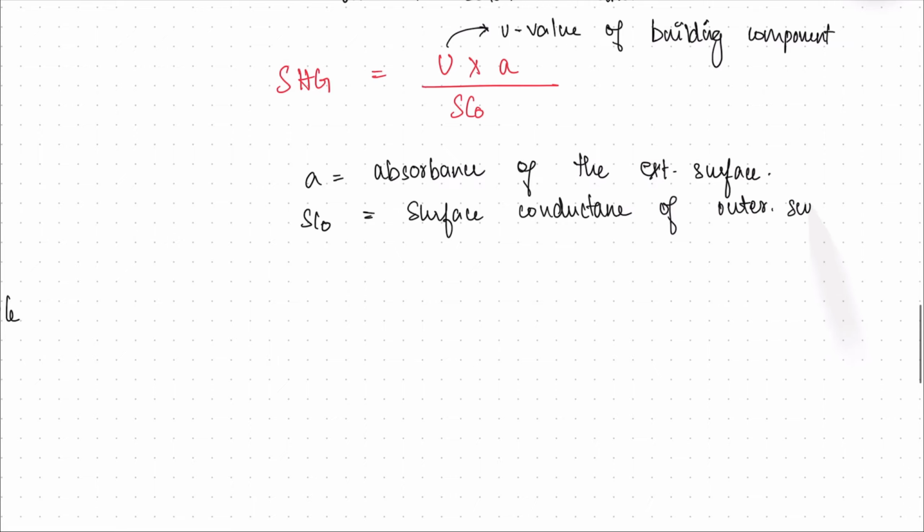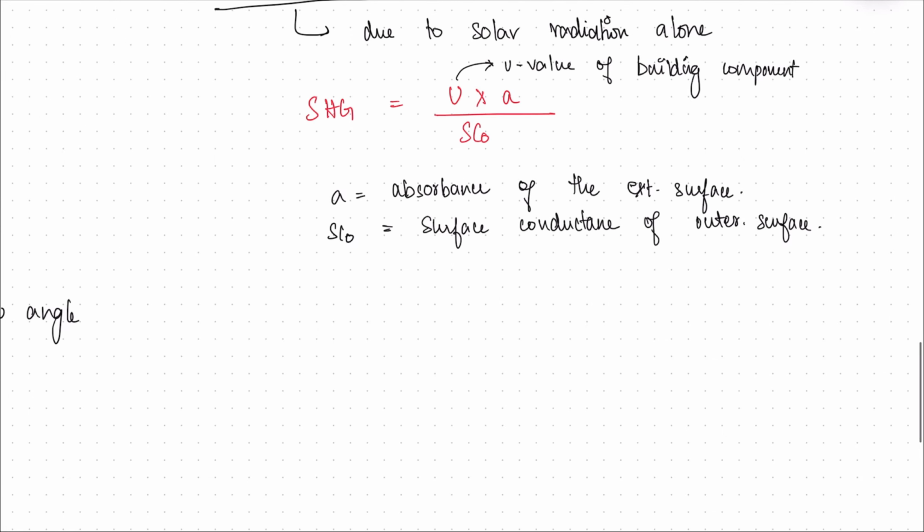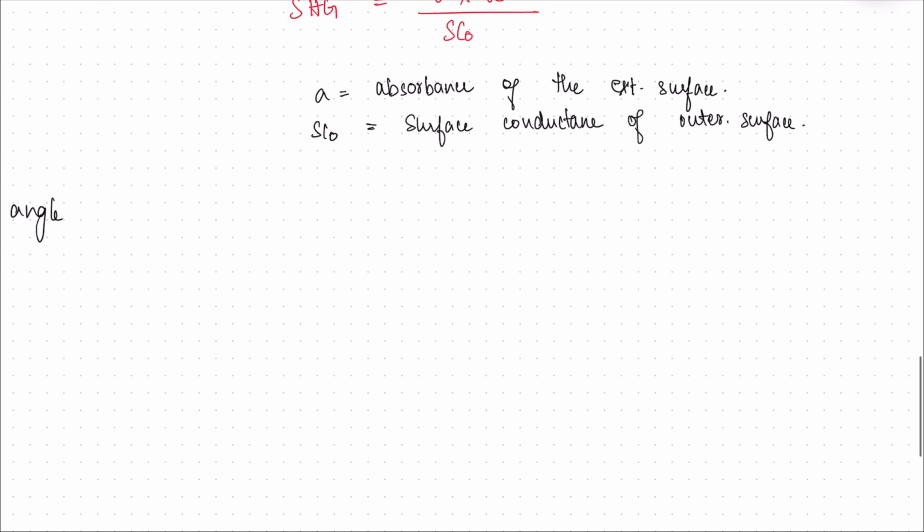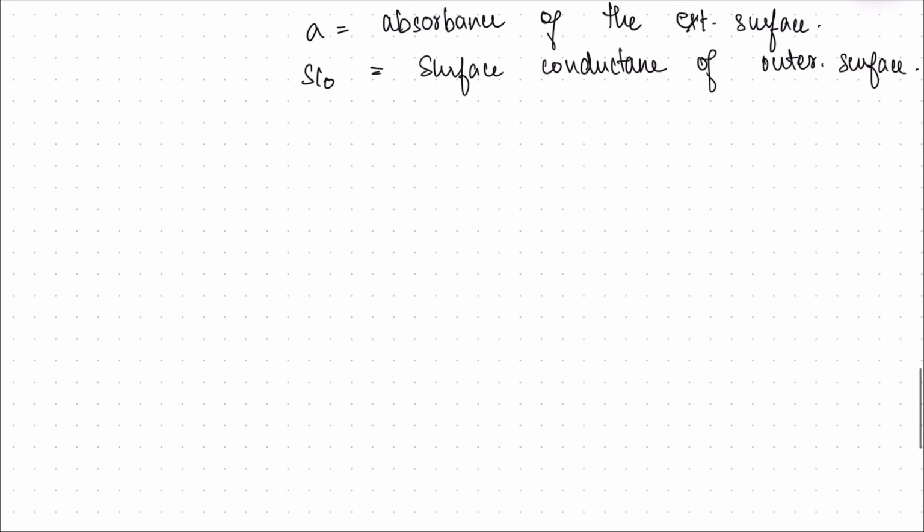So this is your solar heat gain formula, and the last thing that we'll talk about is sol-air temperature, in terms of formula. Sol-air temperature is the temperature of the surface rather than the air, like the temperature of your wall. So it's basically the surface temperature.